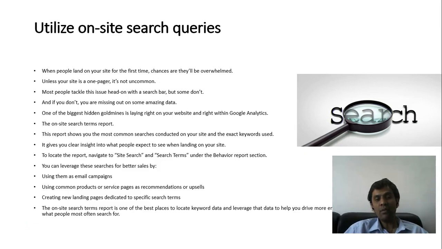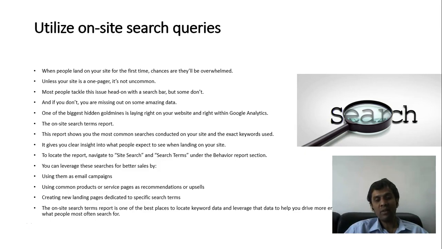It offers you clear insight into what people expect to see when they land on your website. To locate the report, you have to navigate to Site Search and Search Terms under the Behavior Report section.